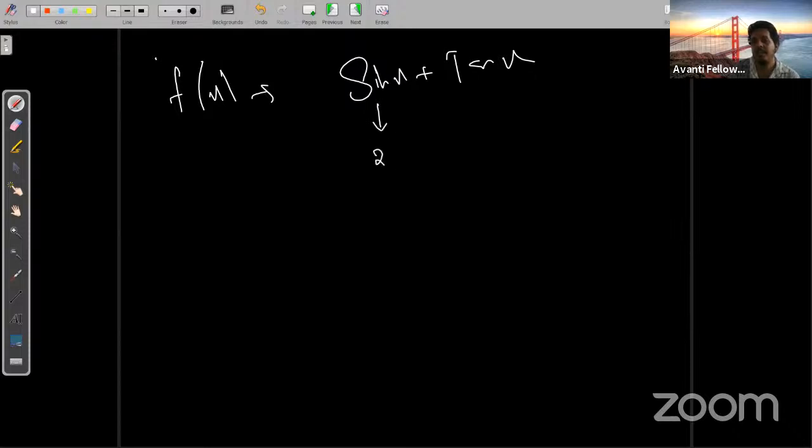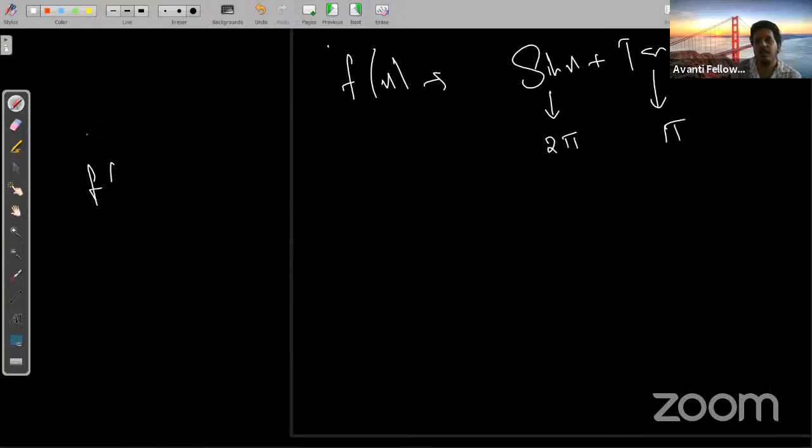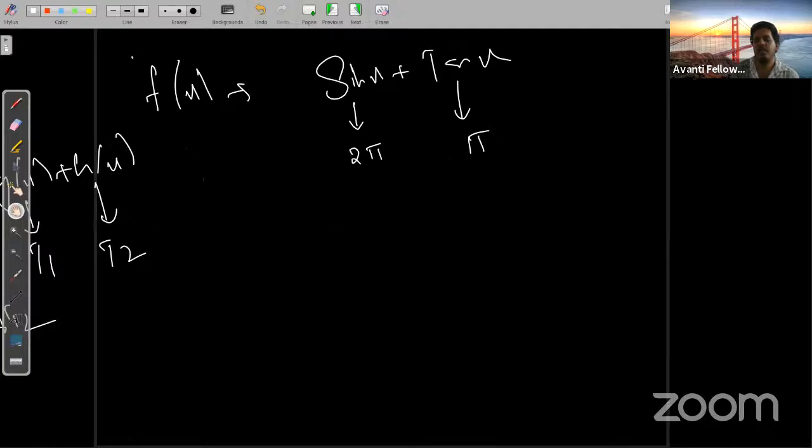Period of sin x is 2 pi. Period of tan x is pi. We know that. So please remember, whenever f of x is equal to g of x plus h of x, and the period of g of x is T1, the period of h of x is T2, then period of f of x will be LCM of T1 and T2. Please remember, okay?